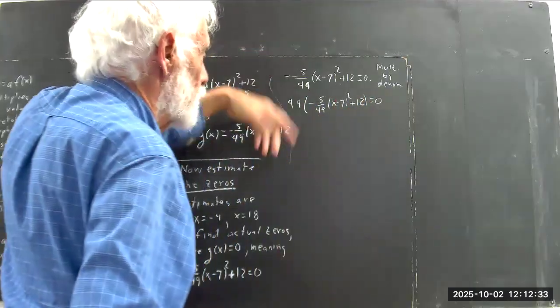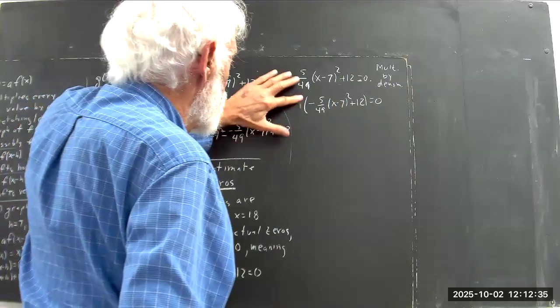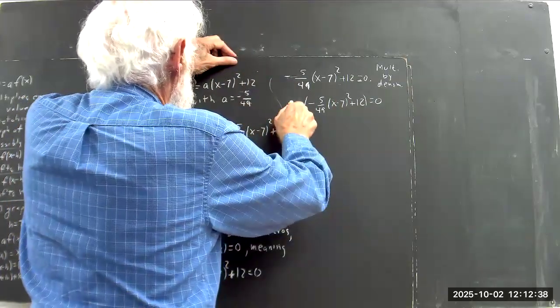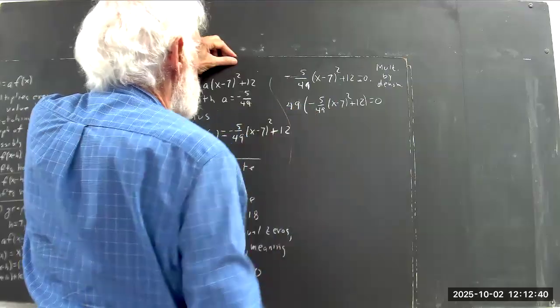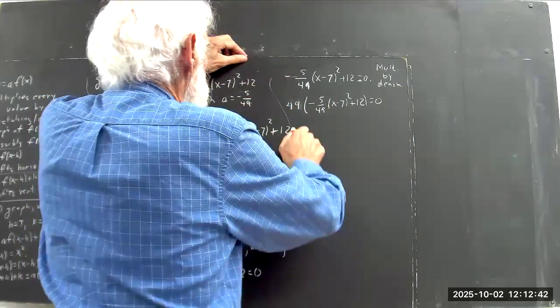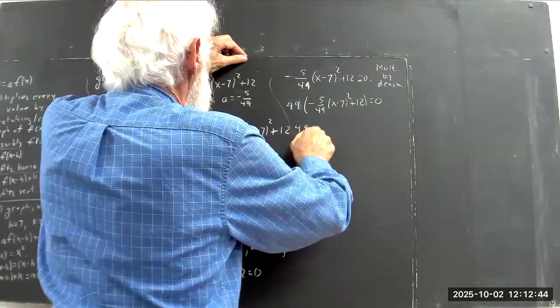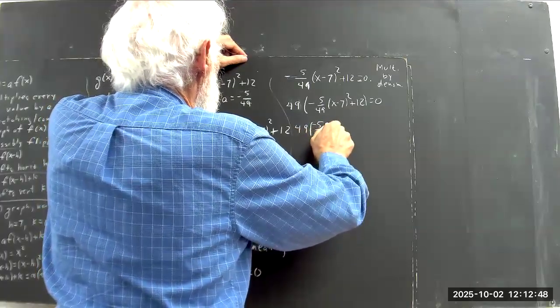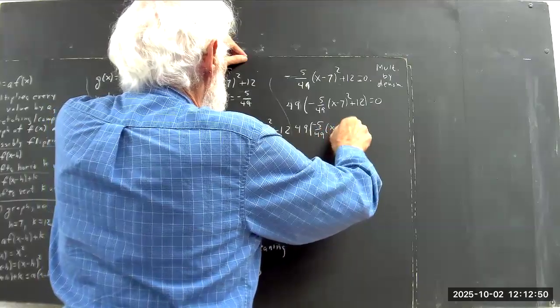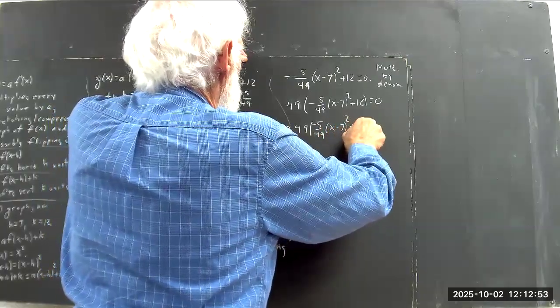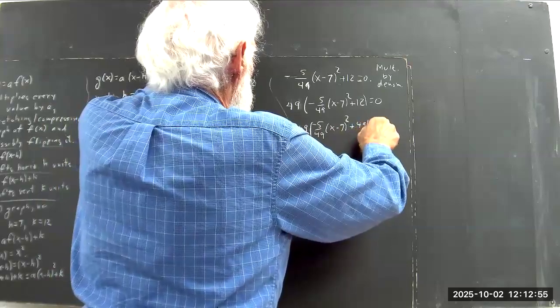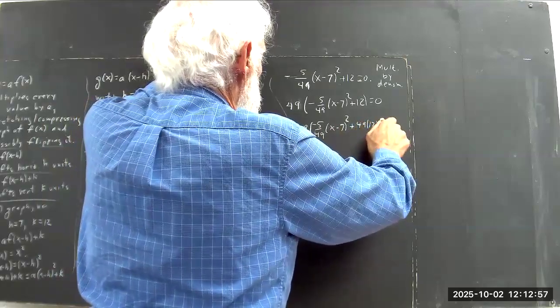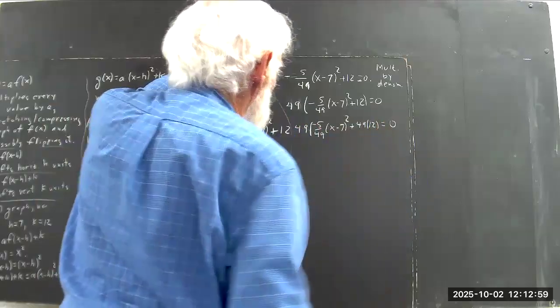Now, I've done such things many times. We get 49 multiplied by -5/49 times x minus 7 squared plus 49 times 12. Shoot, I'm going to have to multiply 49 by 12. Well, I can do that.